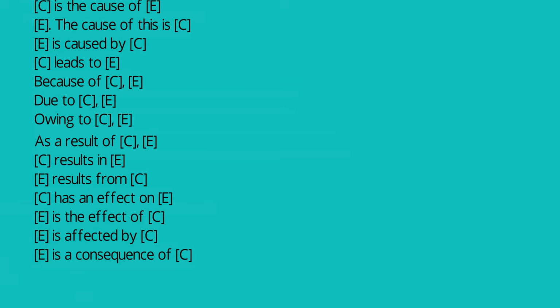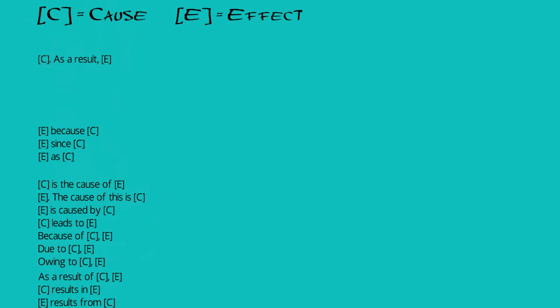There are actually many more of these, and you can see more examples on the website. Let's use a few of these to make sentences for the global warming essay, to understand the grammar of how these connectors are used.